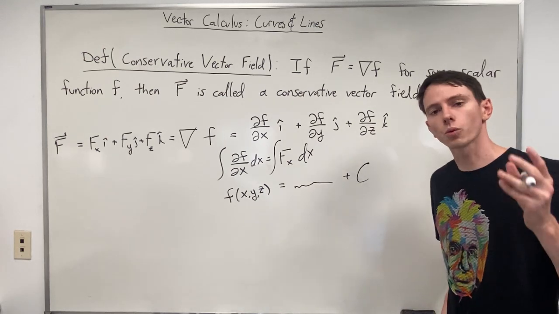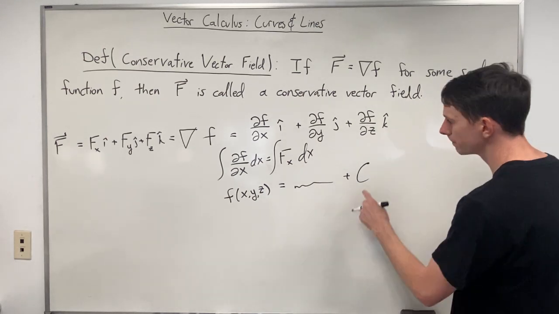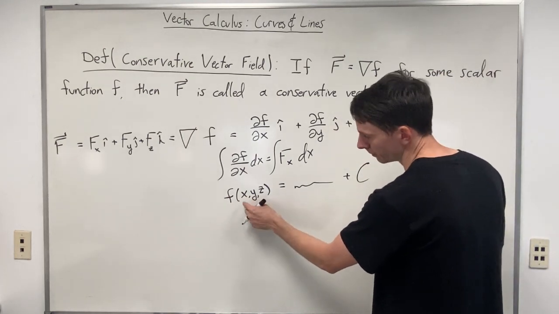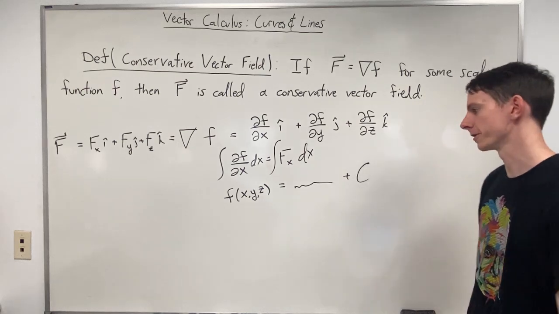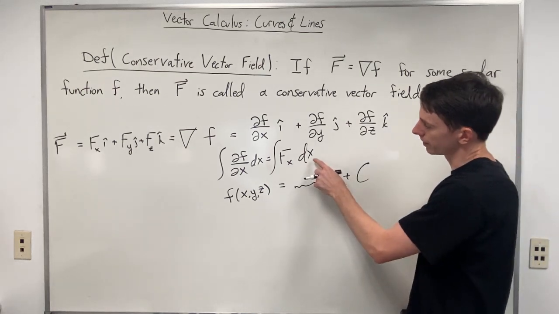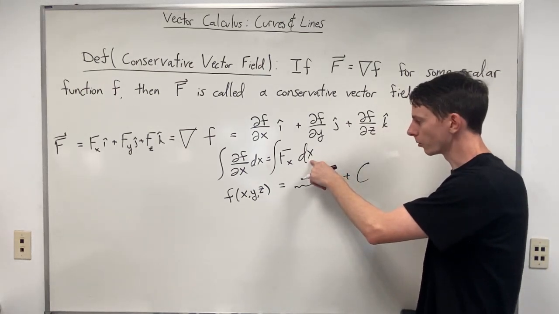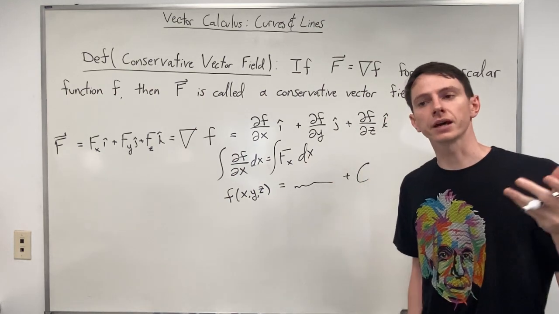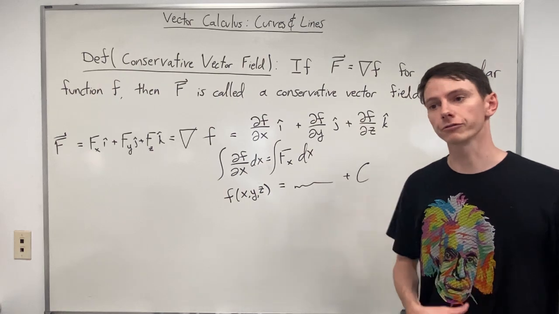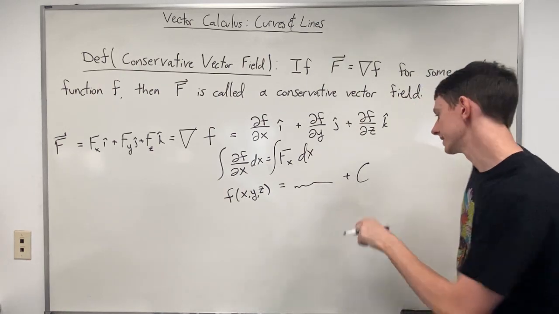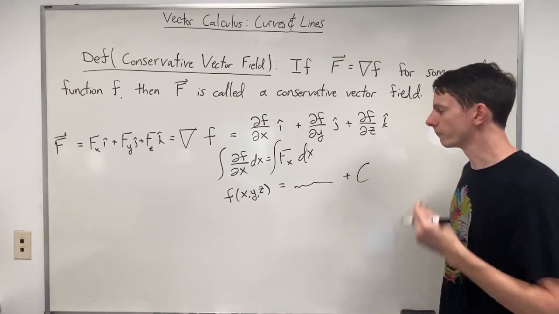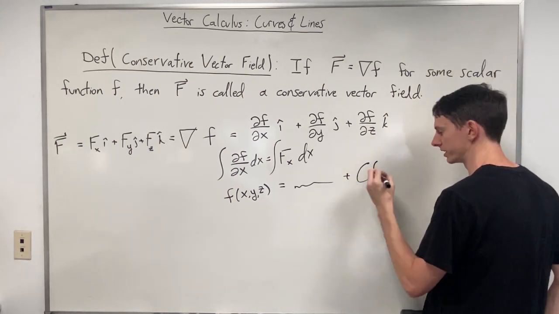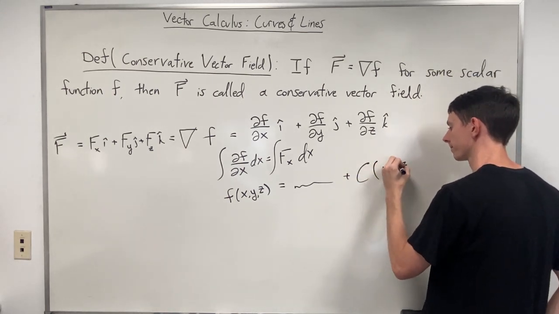Now, one thing you're going to want to be aware of is that if f is a scalar function, it's going to have inputs x, y, and z, right? And all we've done is integrate over x. So this term being a constant doesn't just mean that it is purely a constant itself, but in the most general case, c could be a function of whatever two variables you didn't integrate over. Specifically, c in this case could be a function of y and z.